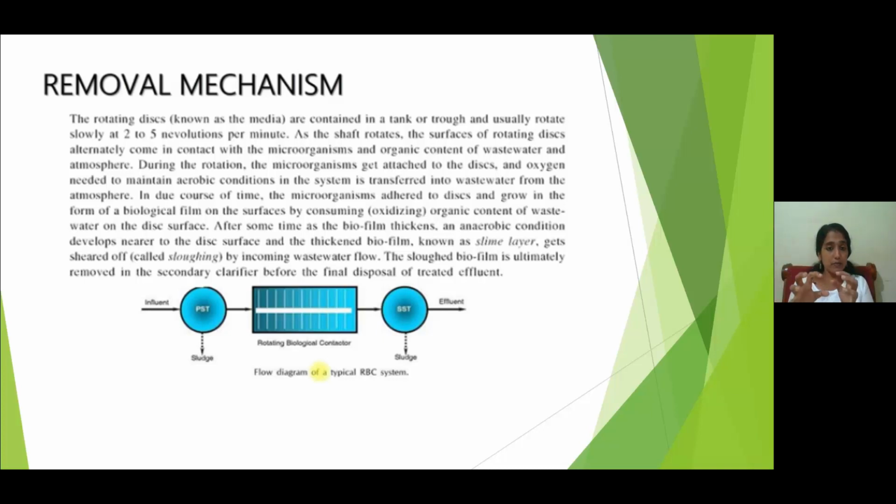Then more and more organic particles will be consumed by these microorganisms, and a biofilm will be formed on the surface of these circular discs.